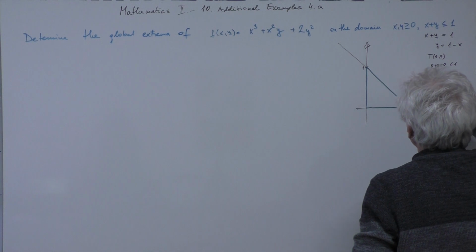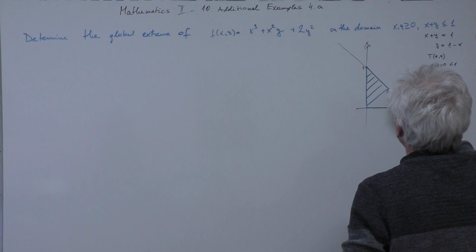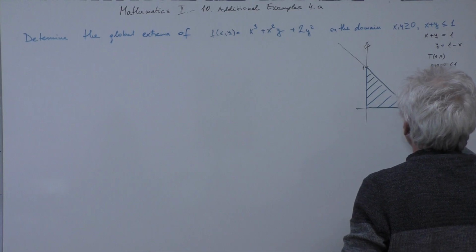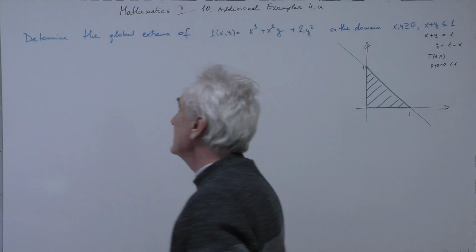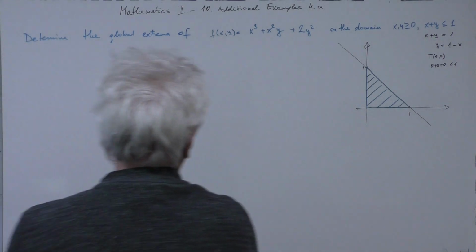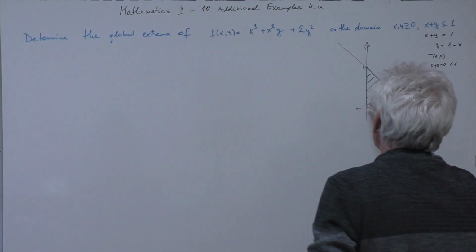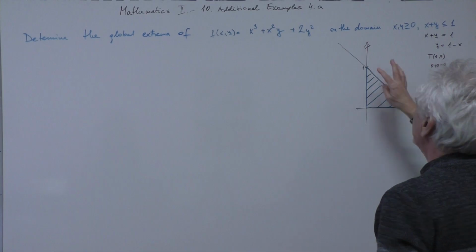That is, the domain is bounded and closed, which means that the function, which is clearly continuous, takes its extrema, maybe inside of the domain region or on the perimeter.